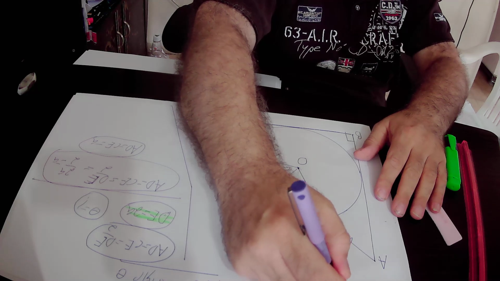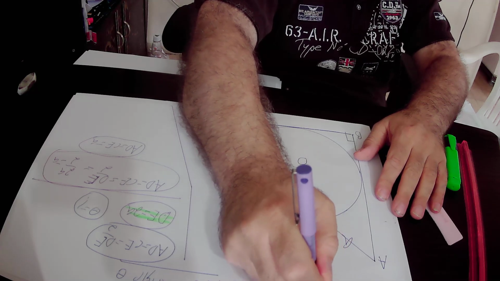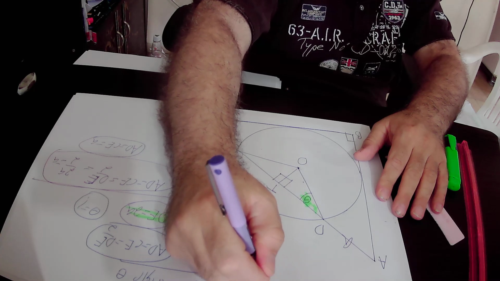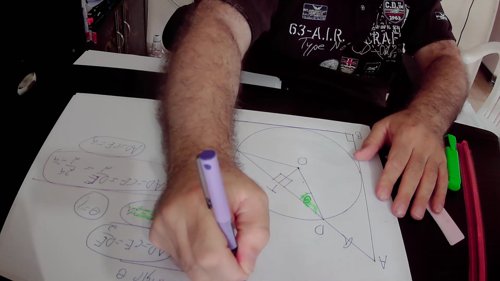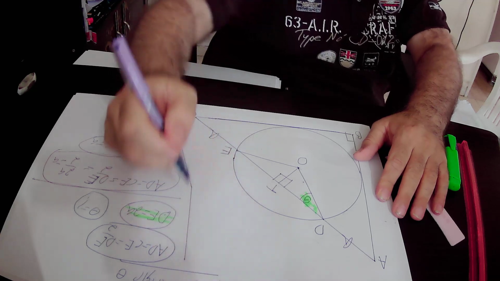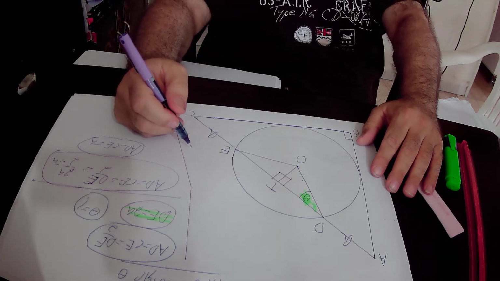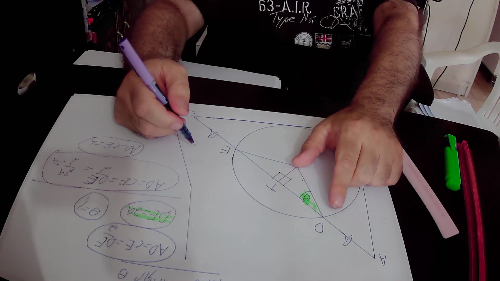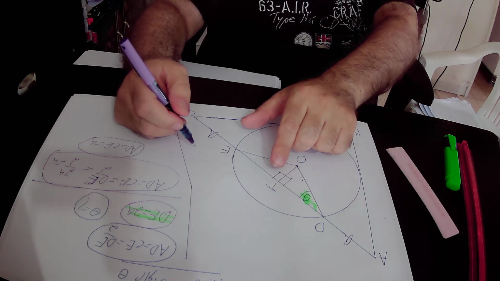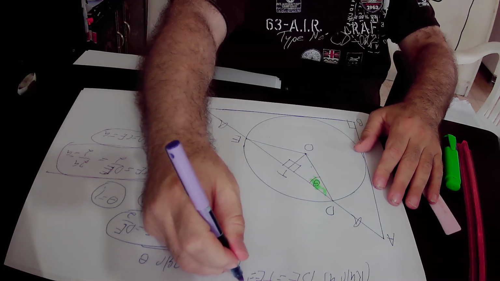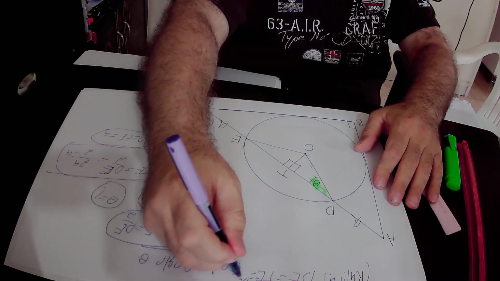I write in that according to rule number 4, DT equals TE, and DT equals DE over 2, and TE also equals DE over 2.